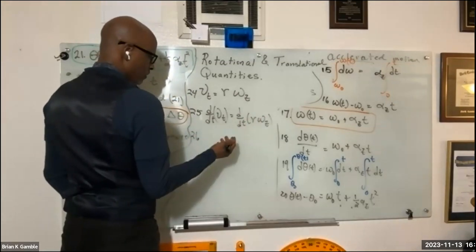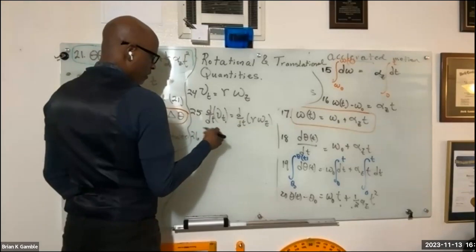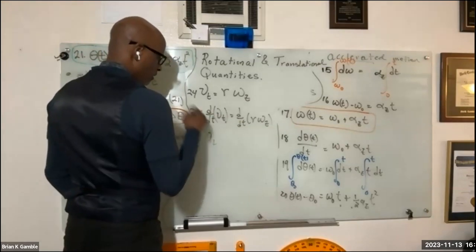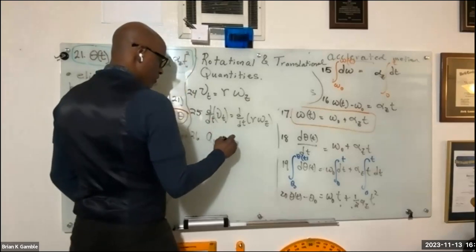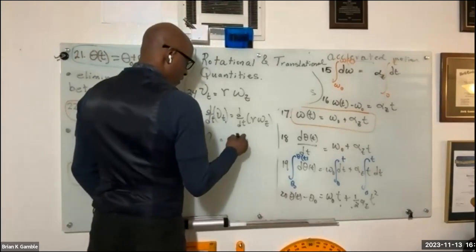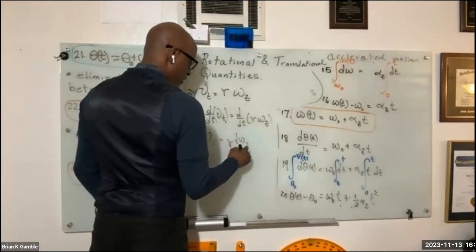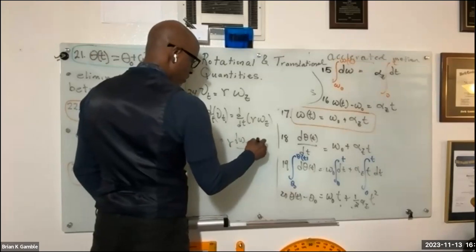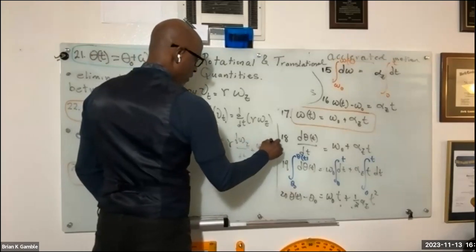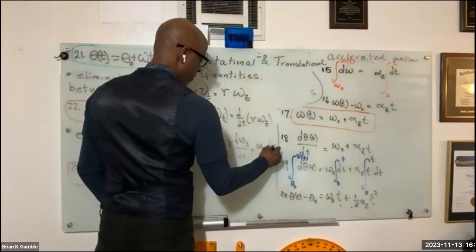So the derivative of velocity becomes tangential acceleration. And so this becomes r d omega_z/dt plus omega_z dr/dt.